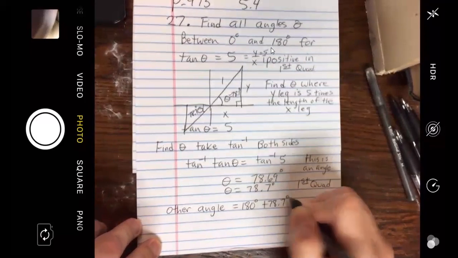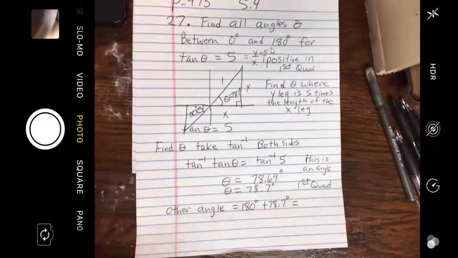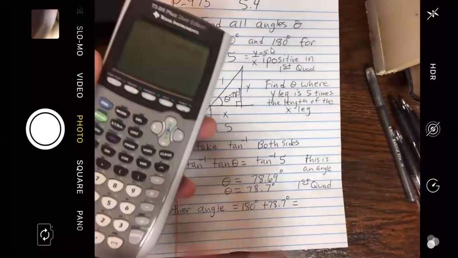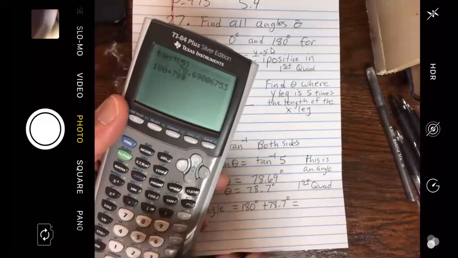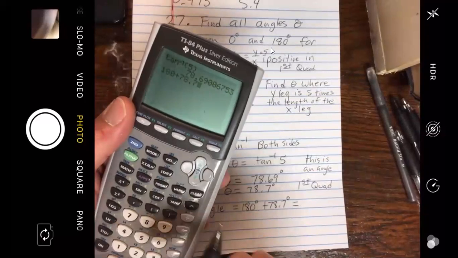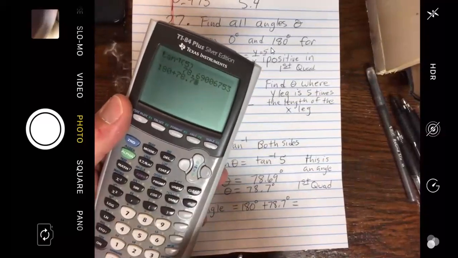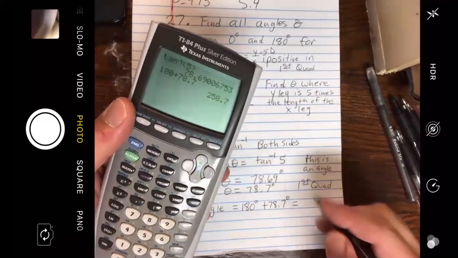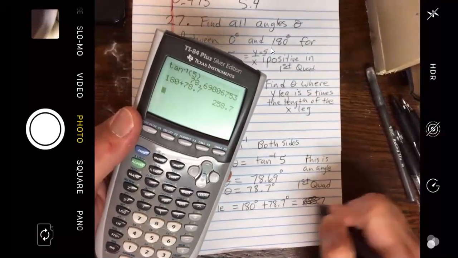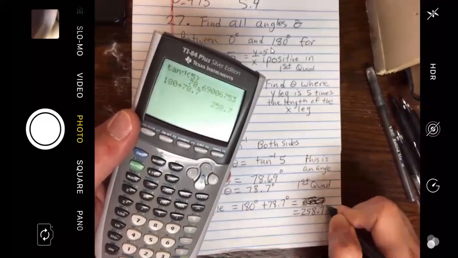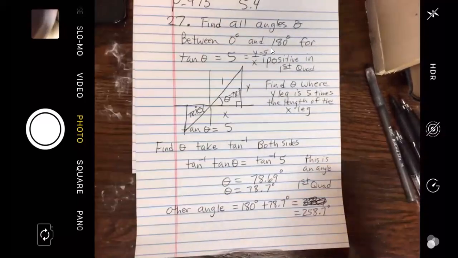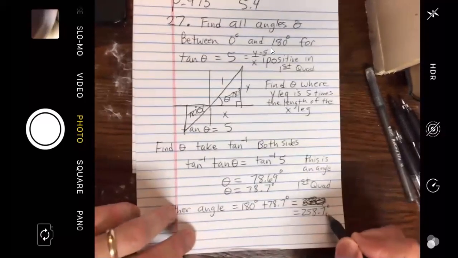And that's going to come up 258.7 degrees. I'm dyslexic this morning. If it was worded 0 to 360, you would include this.